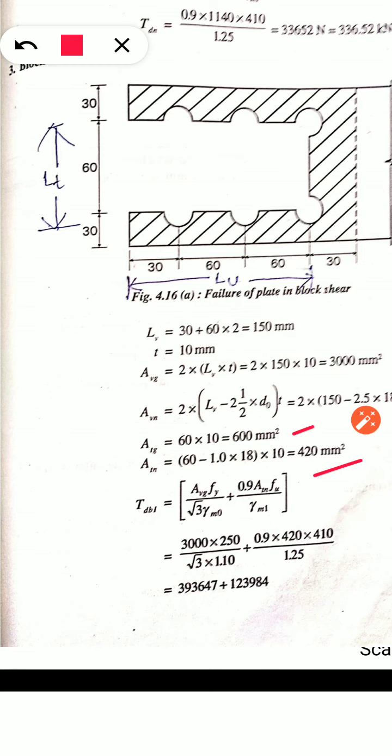So here we got the important areas: AVG, AVN, ATG and ATN. V is shear, which is taking place in the X direction. T is tension, which is taking place in the Y direction, perpendicular to the force. Once you have AVG, AVN, ATG, ATN, substitute in these formulas.